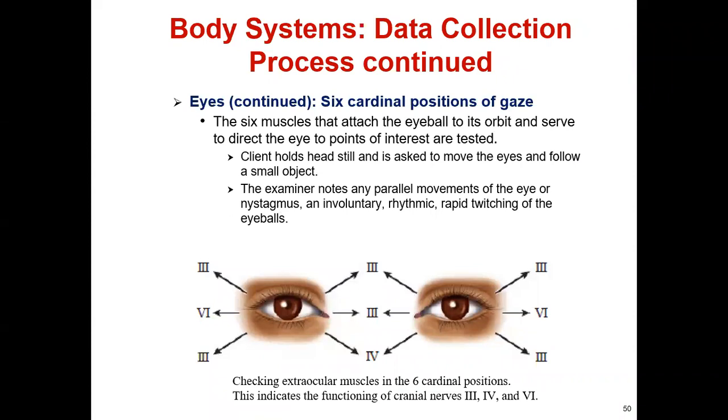The examiner notes any non-parallel movement of the eye or any nystagmus, an involuntary, rhythmic, rapid twitching of the eyeball as well. In this picture, we see the muscles associated with the movement of the eye. So what is nystagmus?